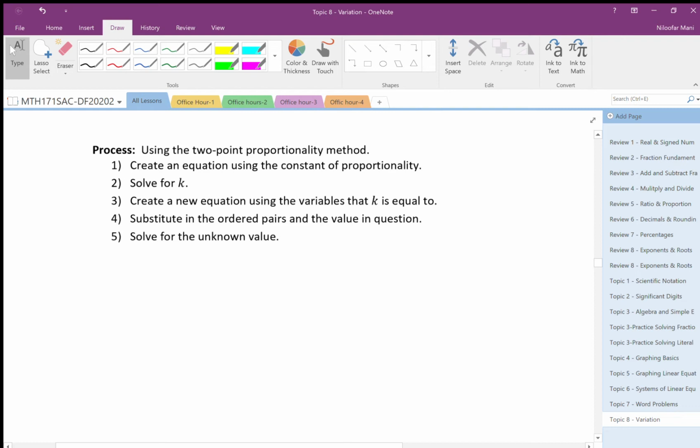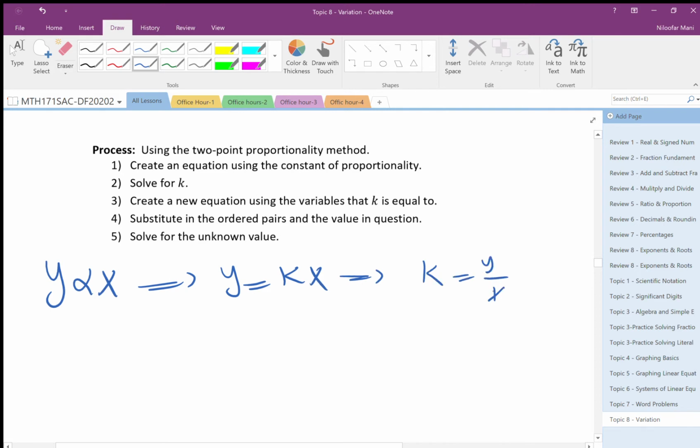I have y alpha x, the expression. So y is kx, the equation. I use k to write the equation. Now solve for k. Always when you solve for k, it gives you an idea how to write the two-situation equation. k is y over x, and k is constant.